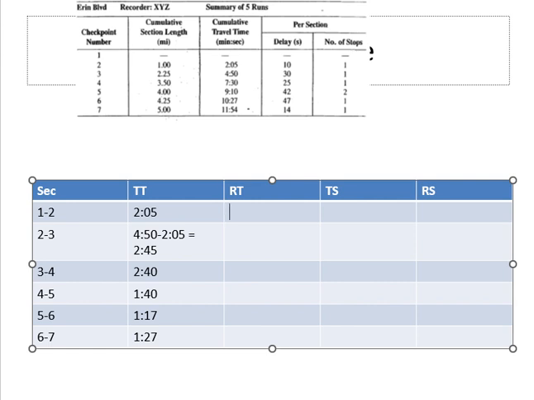Delay. Okay. So the travel time of each section minus delay will give you the running time of each section. So first is 2 minutes 5 seconds. Delay is 10 seconds. So 5 seconds subtracted, it will be 2 minutes. Then 5 seconds again, 1 minute 55, right?